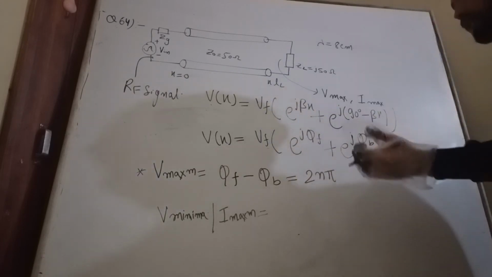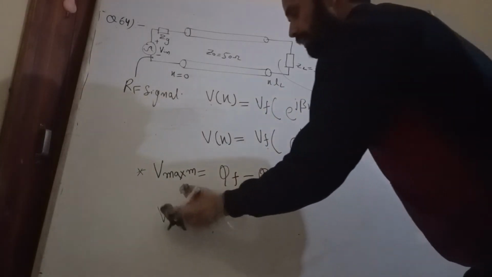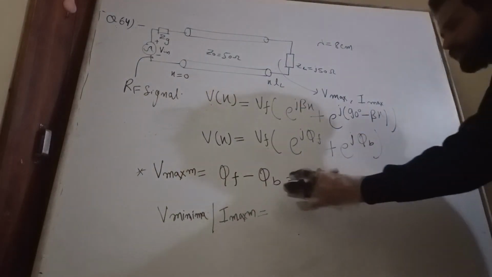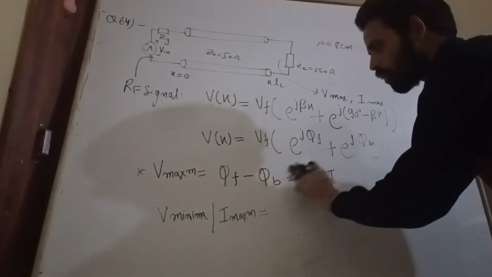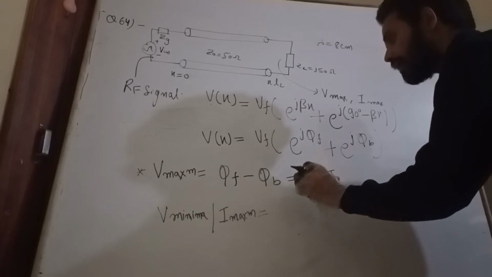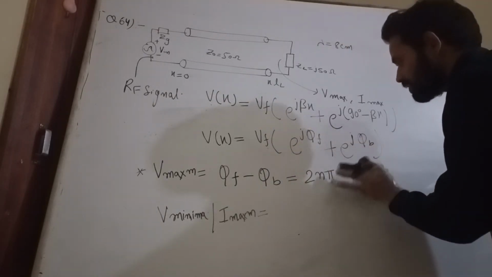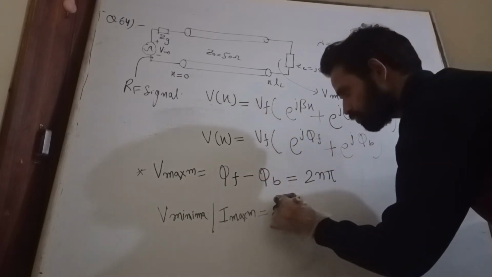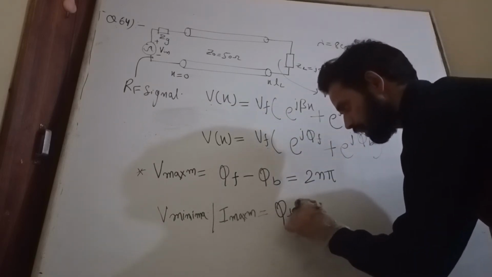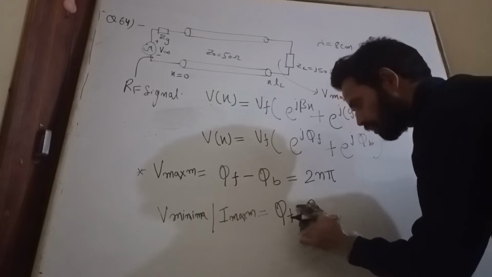Voltage minima occur only when both waves are out of phase. Out of phase means the phase difference phi f minus phi b must be out of phase.